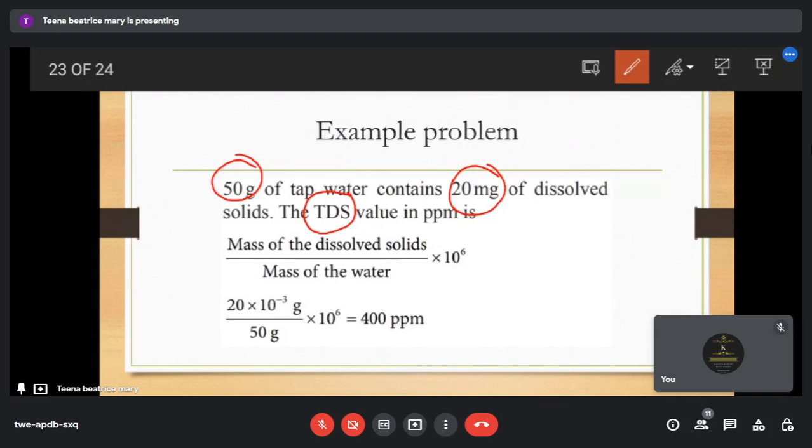சோ 50 gram of tap water contains 20 milligram of dissolved solids. அப்ப the TDS value in parts per million, அப்ப the TDS total dissolved salts எவ்வளோ அப்படின்னு பார்க்க போறோம். So for that we are having the formula: mass of the dissolved salts divided by mass of the water into 10 to the power of 6.